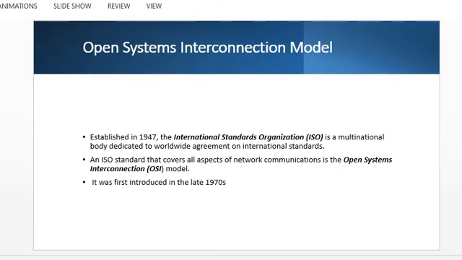So it synchronizes and provides what I would say common ways of doing things, which each set of hardware or each set of software can adapt to, so that the communication process is successful. So we have to note that this model is not a protocol, but it is a way of understanding and designing network architecture that is flexible, that is robust, and that is interoperable.